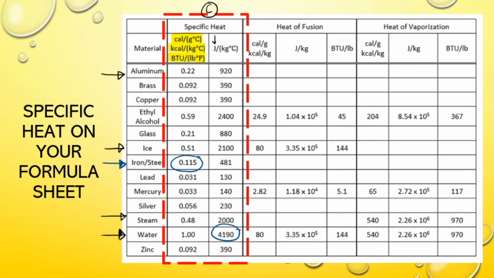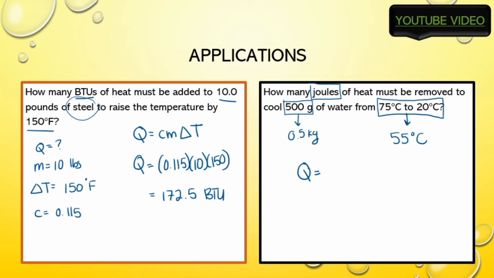So making sure you're in that joules column, the only one that uses those big numbers. 4190 is C. The mass is 0.5 kilograms because joules goes with kilograms, and the change in temperature is 55. Do that multiplication, 115,225 joules. And that is cooling, so that is coming out of the water.